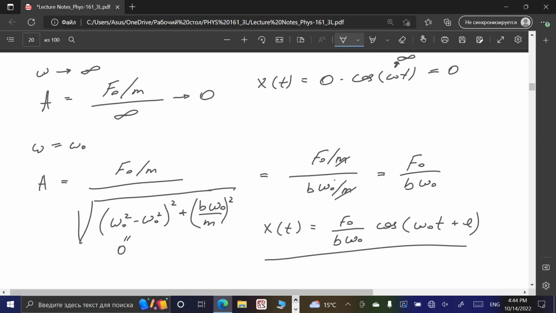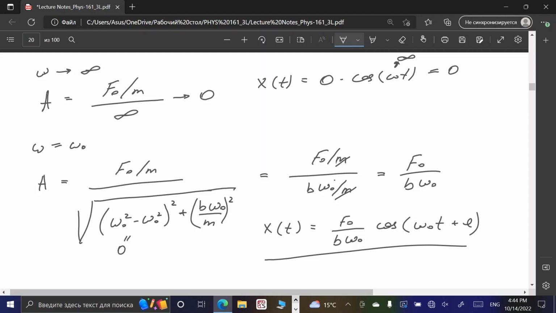When the frequency of the driving force approaches zero, meaning we exert just a constant force, that will result in displacing the system from the equilibrium condition by x equal to f naught divided by k. But there is no oscillation, obviously, because the force is constant.